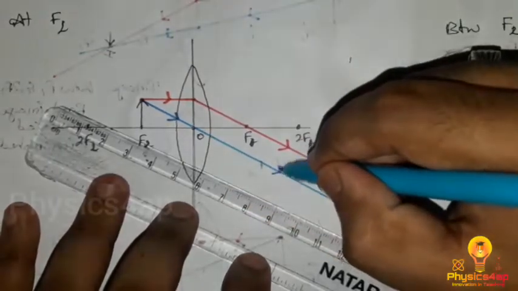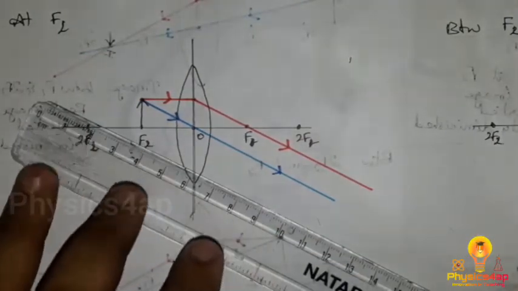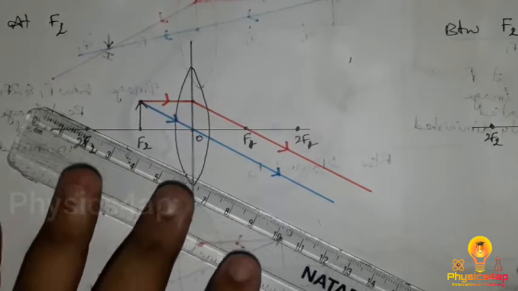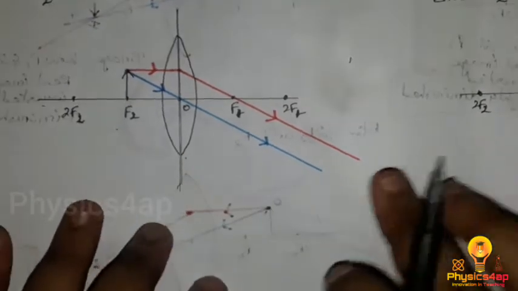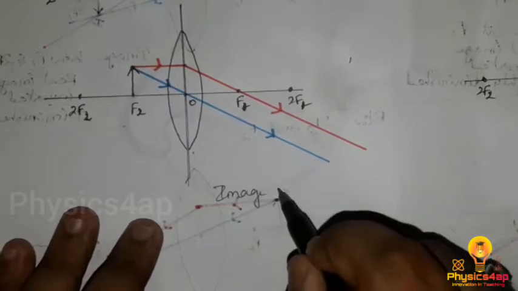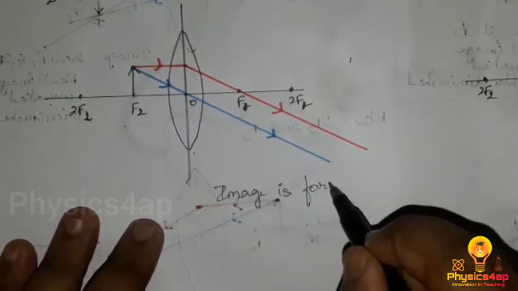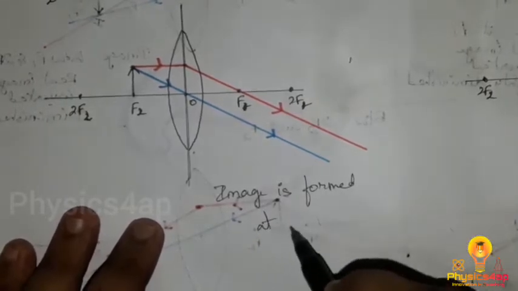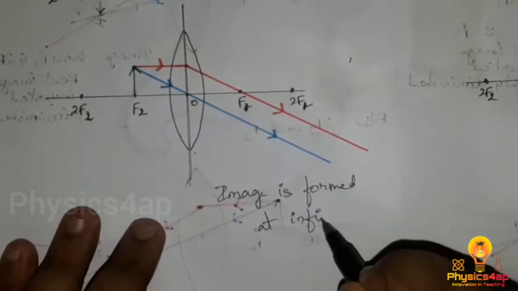Now, are these two lines intersecting each other? As these two lines are not intersecting each other, that means the image is formed at infinity, that is at a long distance.